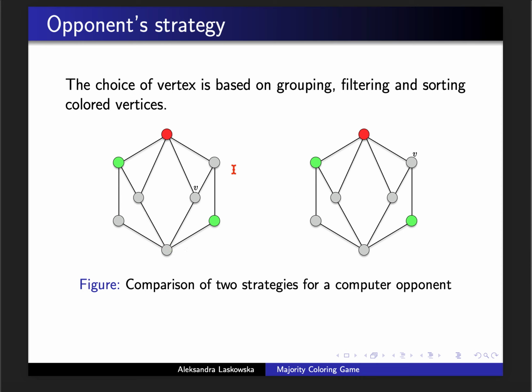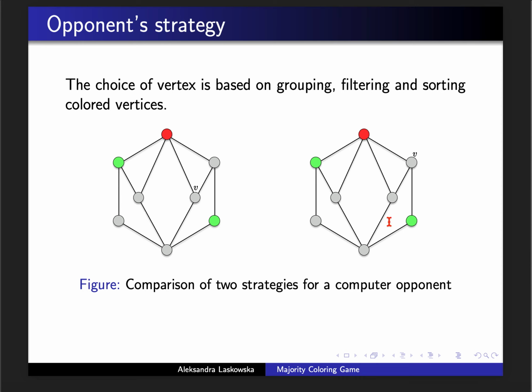So it depends on which color will be assigned to this vertex or this vertex, but either it will be red or green. There will be for sure one more bad edge. So we can see that this strategy is definitely more efficient than that one.